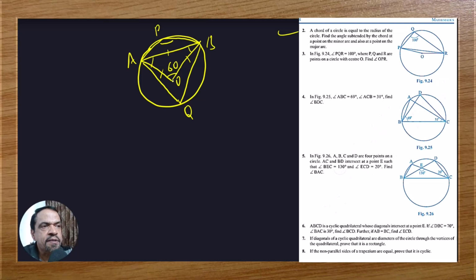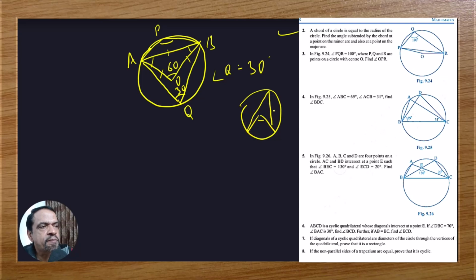This is at the center and this is at the remaining part, so this will be 30 degrees, facing the same arc AB. You have to mention only the theorem that the angle subtended by an arc at the center is twice the angle subtended by the same arc at the remaining part. So this is 60, so this will be half, 30.